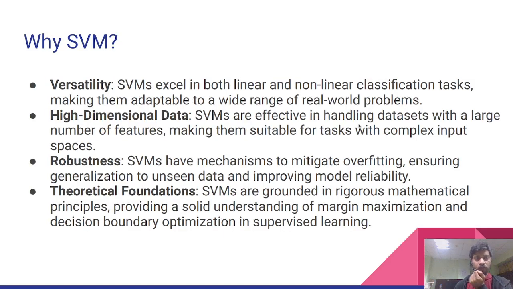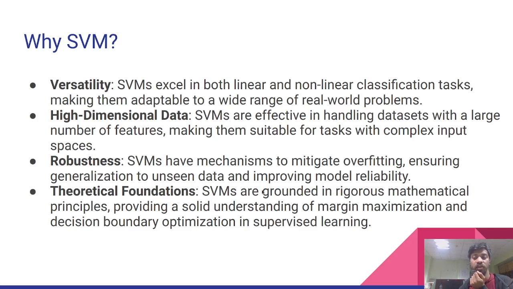So why SVM? SVM is applicable for both linear as well as non-linear classification tasks, and can be used for a very wide range of real life problems. It is also very handy when we are using it for data with very large dimensions, and it is very robust.